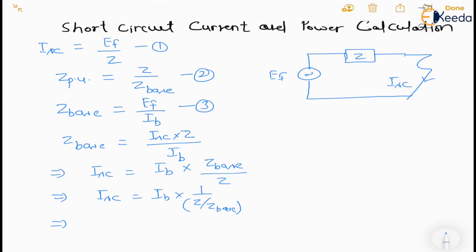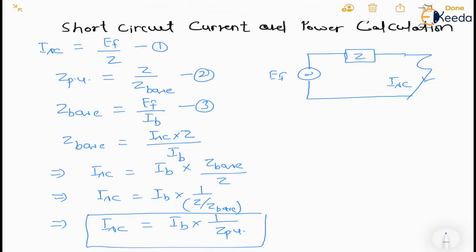So we can write Isc in actual value will be equal to Ib into 1 upon Zpu. So the Isc value is in ampere, because 1 upon Zpu has no unit and Ib has the unit of ampere. So Isc unit will be ampere. So Isc is equal to Ib into 1 upon Zpu.